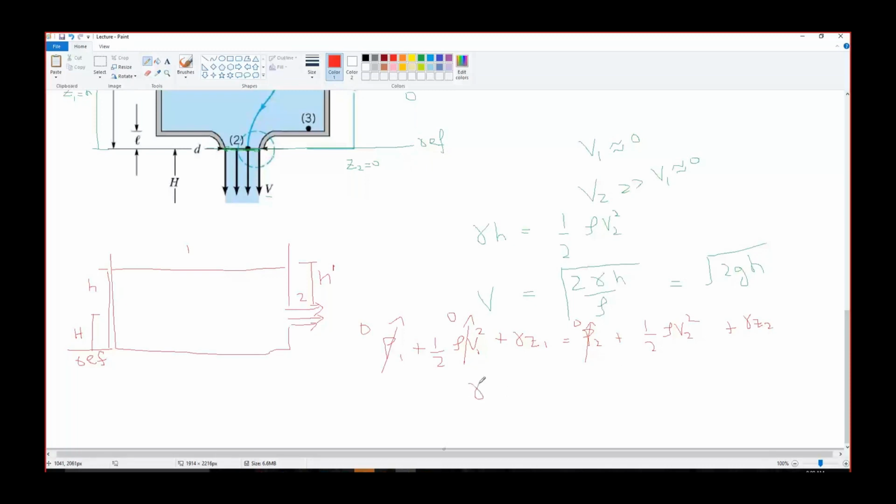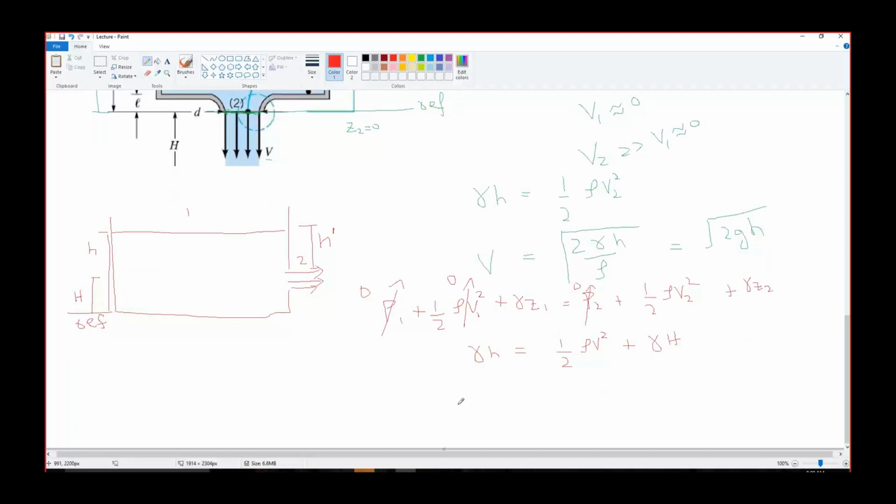So gamma h equals to half rho V square, if the velocity at the exit is V, plus gamma capital H. Or we can write gamma (h minus H) into 2 divided by rho, under root, equal to the velocity.